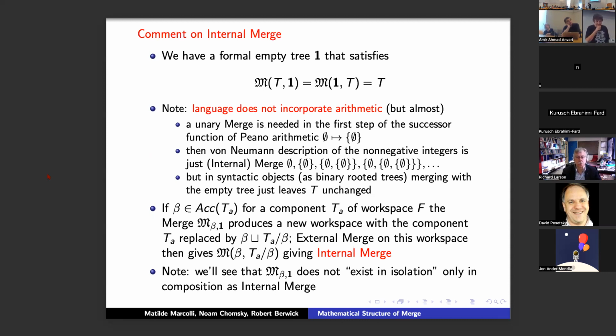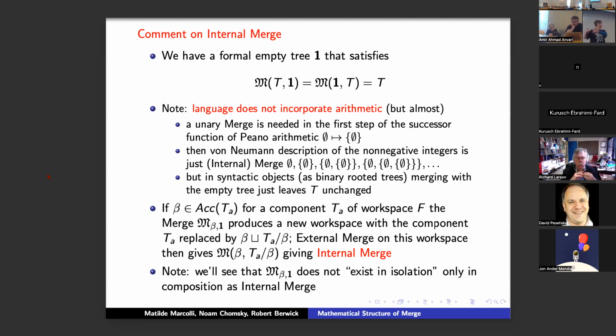Okay, so this is a small observation that I've now made in several places already: this internal merge almost looks like the successor function of arithmetic. It's not quite that. So language does not contain arithmetic, but it almost does, in the sense that if you think of the von Neumann construction of the integers, you start with the empty set, and then you have the set that contains the empty set, and then you have the set that contains the empty set and the set containing the empty set, and so on, right?